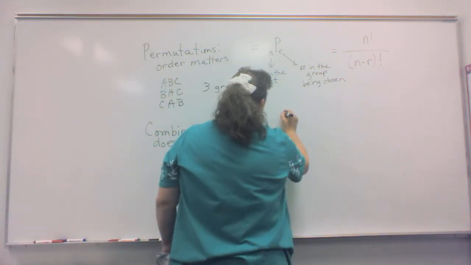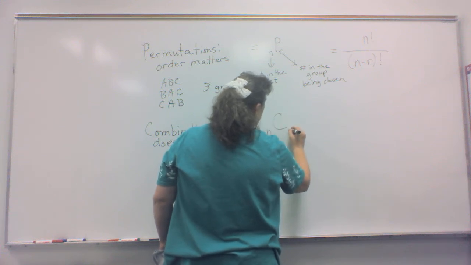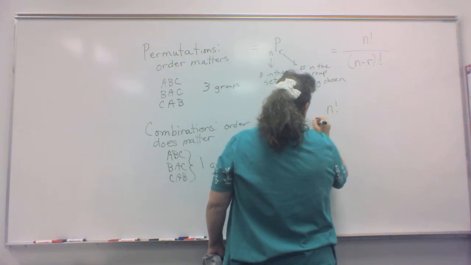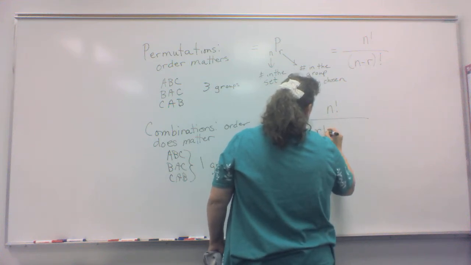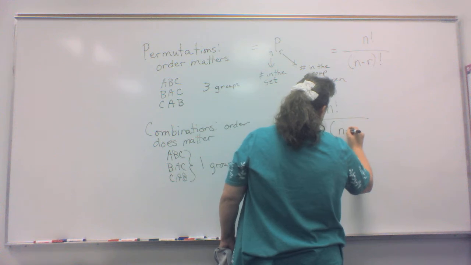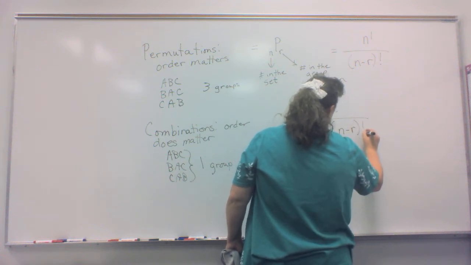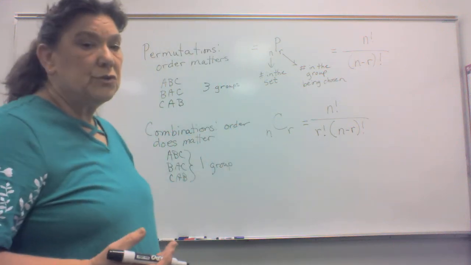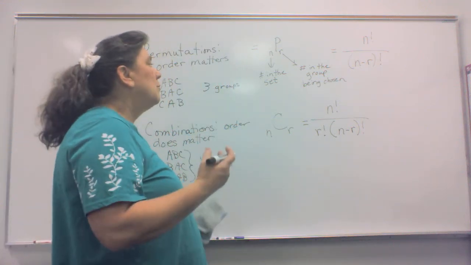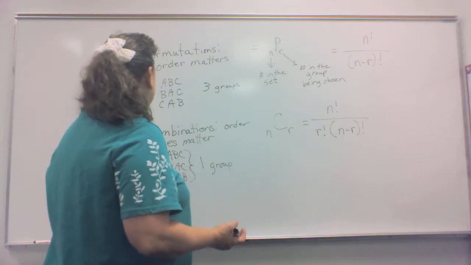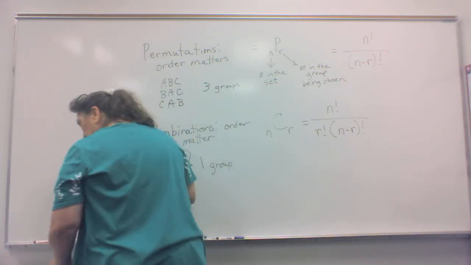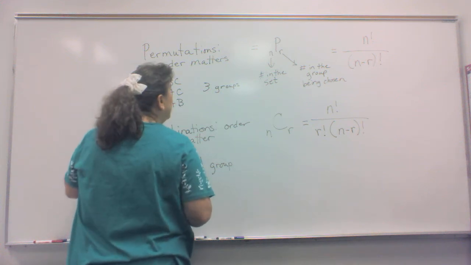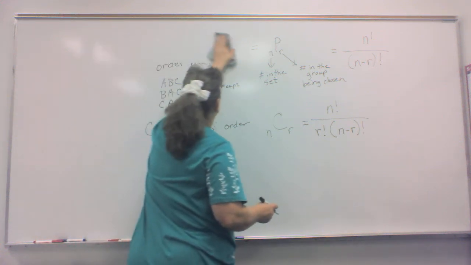Your combinations, on the other hand, nCr, its equation is n factorial over r factorial times n minus r factorial, which makes your denominator larger, and thus your total number of choices will be fewer and smaller. Okay, so that's basically what permutations and combinations are. There's other elements in these that are important.